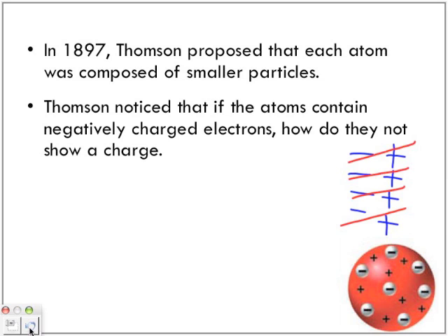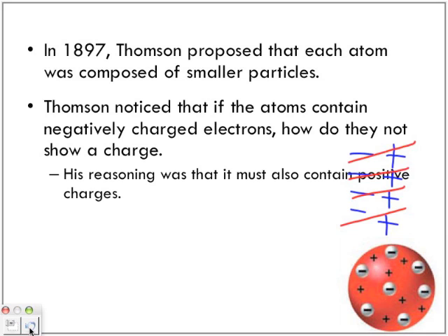But they showed no charge, right? So his reasoning meant that there must be positive charges associated. That's why he drew the same number of positives as negatives, because it showed no charge.